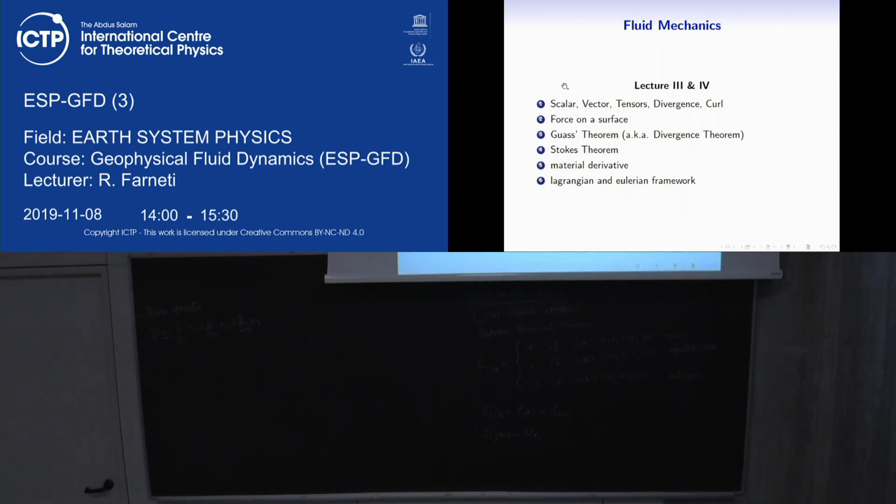When the Nabla operator is operating on a scalar, for example pressure, it generates a vector. And this vector is called the gradient.